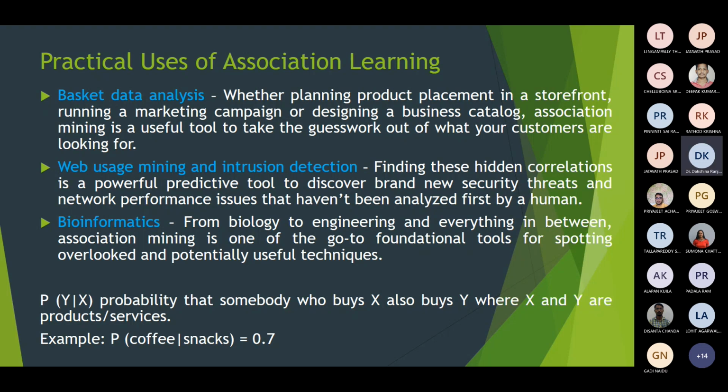It may be food items, or some other product or services. For example, if x denotes snacks and y denotes coffee, then if we have snacks, there is a possibility to have coffee with snacks. For this association, we can have the probability p of coffee given snacks equal to 0.7. That means there is a high chance to have coffee with snacks.